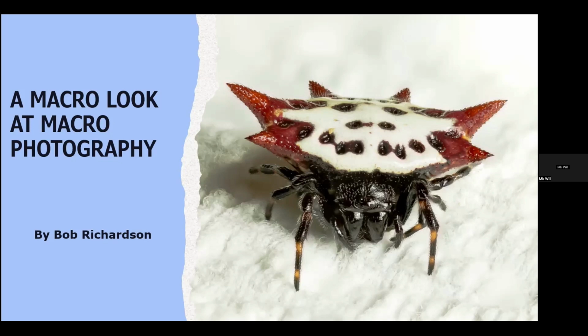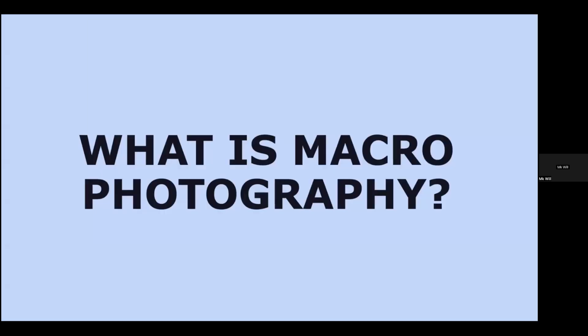I've got a bunch of stuff up here that I'm going to try and show as I'm going through and tell you about what it costs. So let's get rolling. What is macro photography?